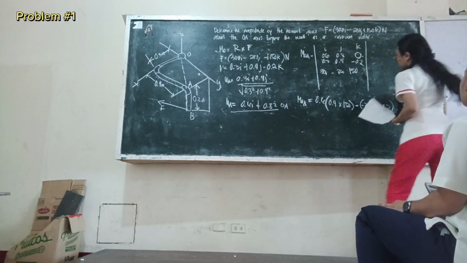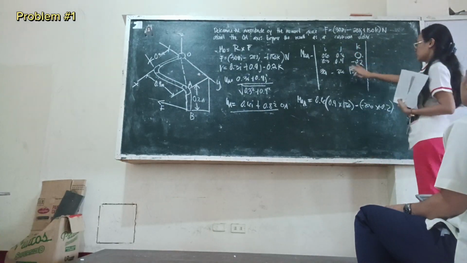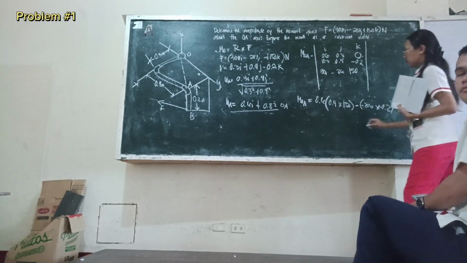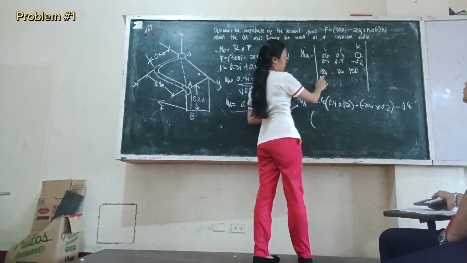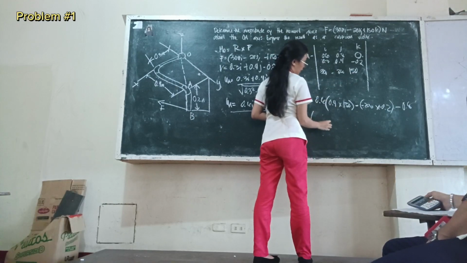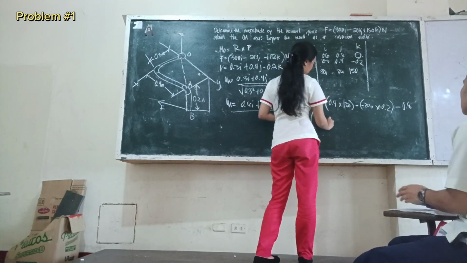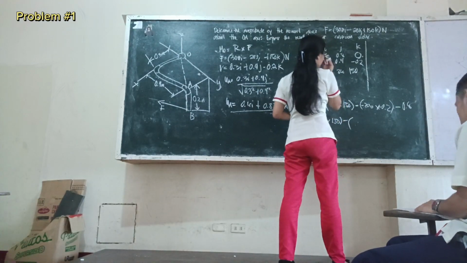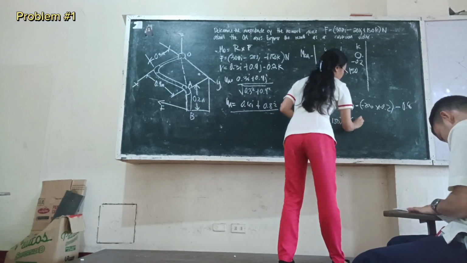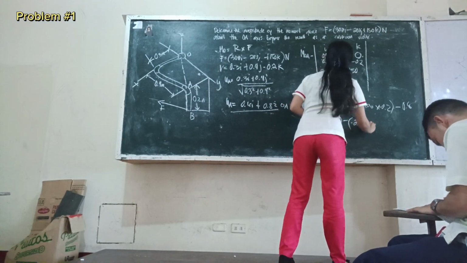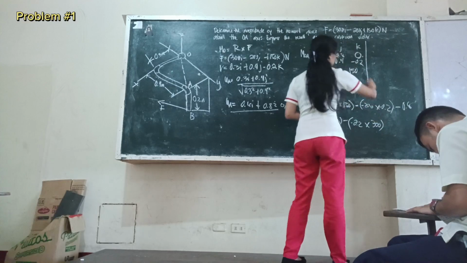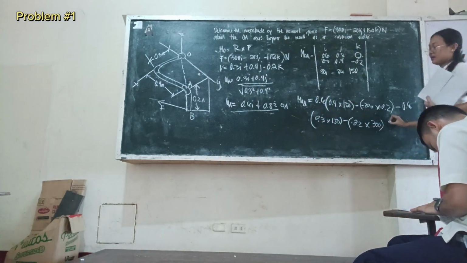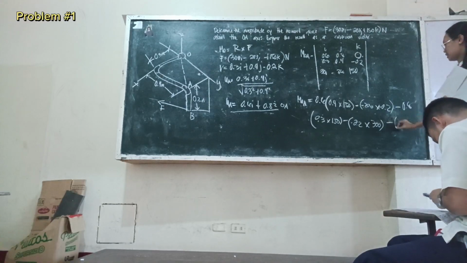So for the j component, minus 0.8 times 0.3 times 150. Then minus negative 0.2 times 300. So since k is 0, automatically the value of k is 0.